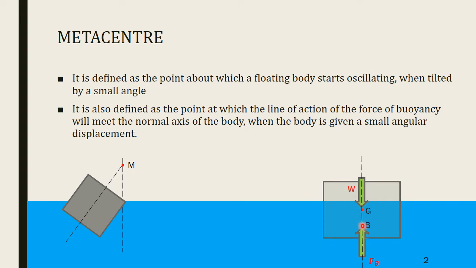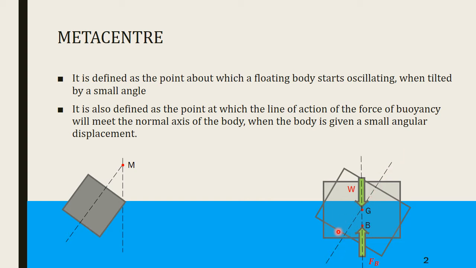Now, if we give this a small angular displacement, this dotted line that I've drawn was the initial line that passed through G and B when it was in the horizontal position, and this is the tilted normal axis position. This is known as the normal axis of the body.